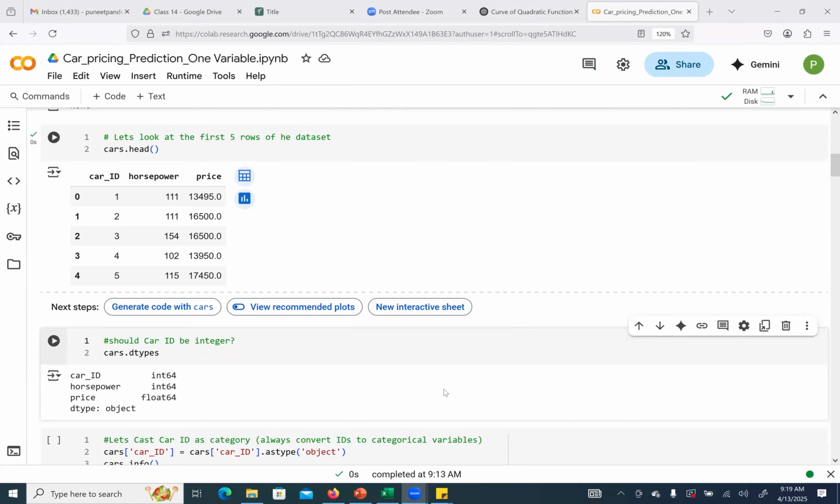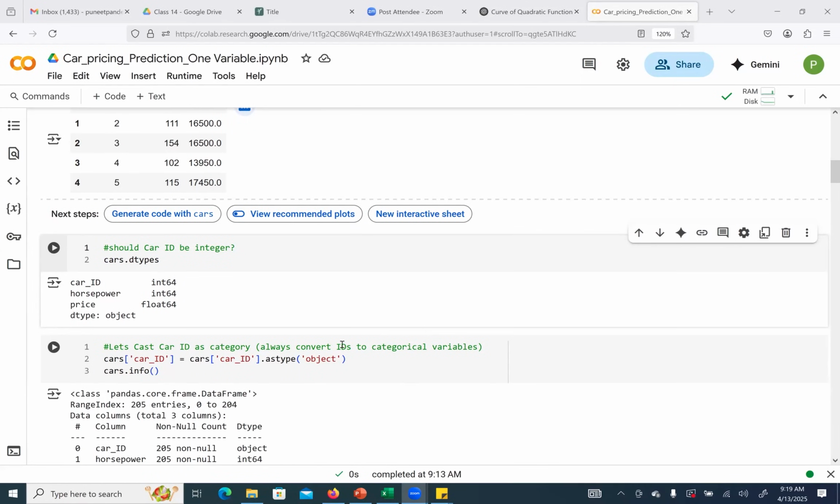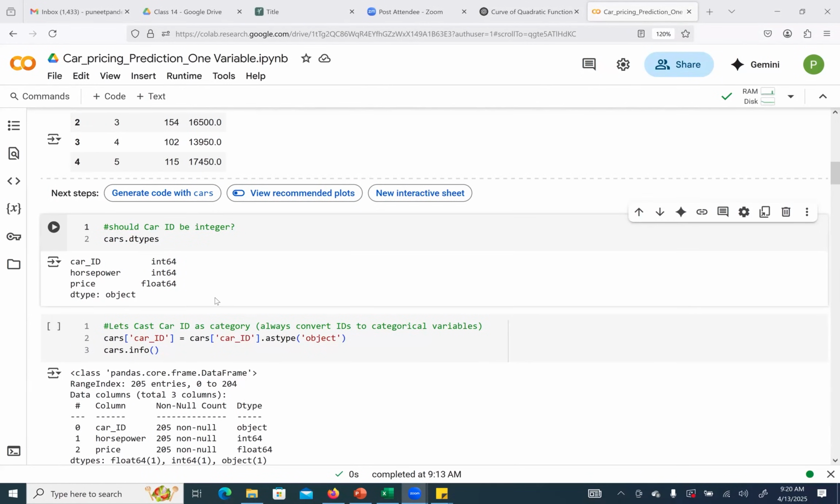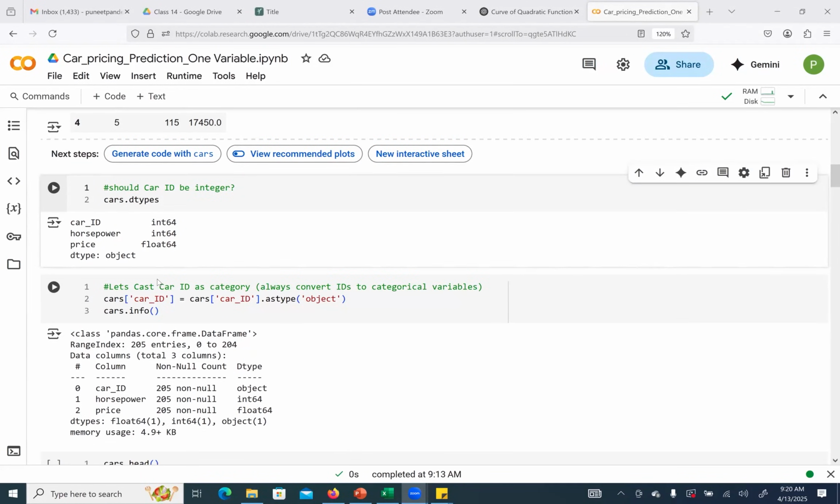Now in the next part, car ID is an integer, horsepower is an integer, and price is in decimals. It's always a good habit to convert ID-type variables like car ID to string. I know that we will not be using it in the machine learning model, but it's still a good habit to change ID variables to string because these are not integer variables.